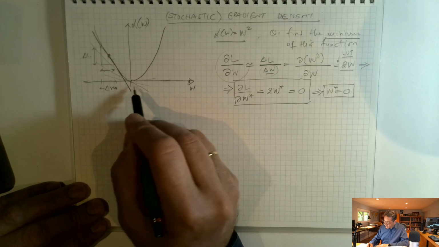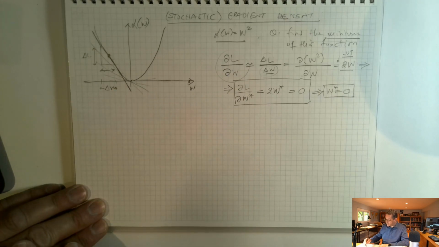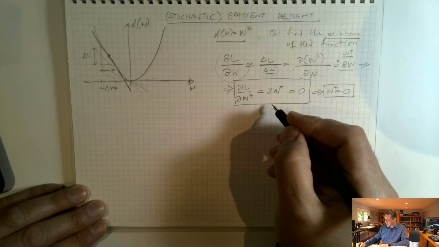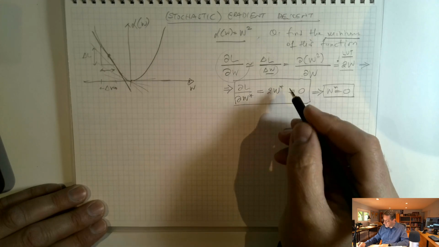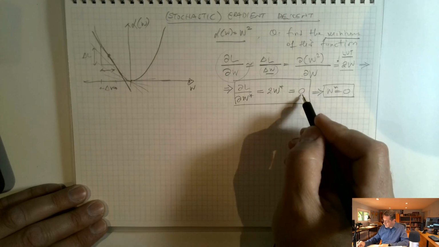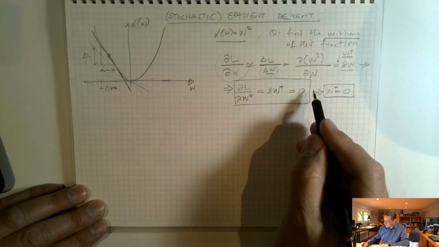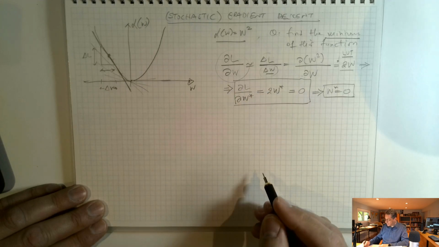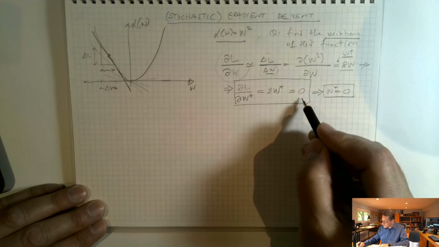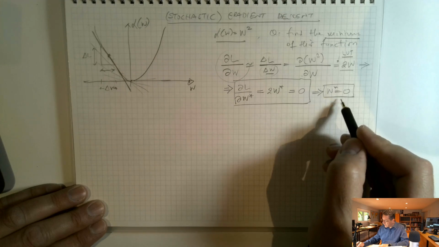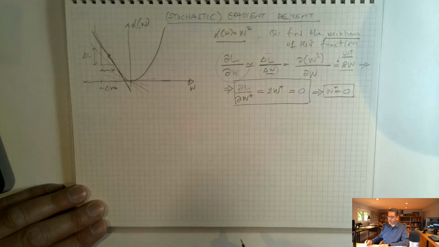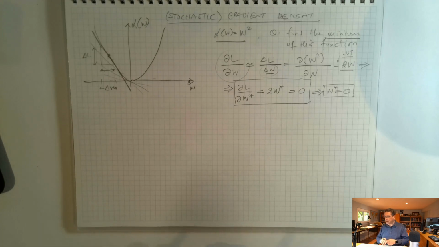Now this W star, notation-wise, represents the optimal point, or the global minimum point in this case, and that's a foundational theorem in calculus. From that equation we can solve for W star and find, as we expected, that the global minimum is at 0. So this was a simple characterization of potentially expected behavior from an algorithm.